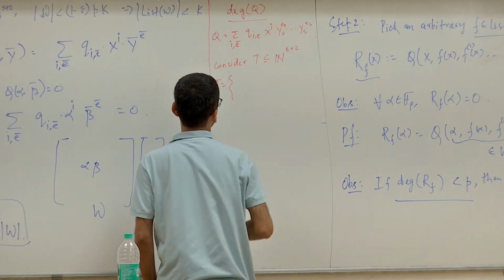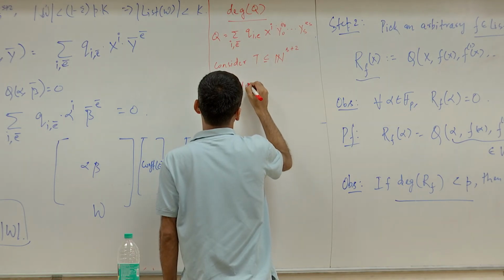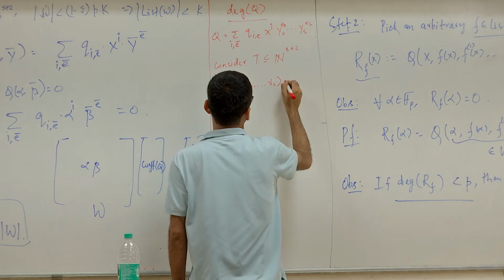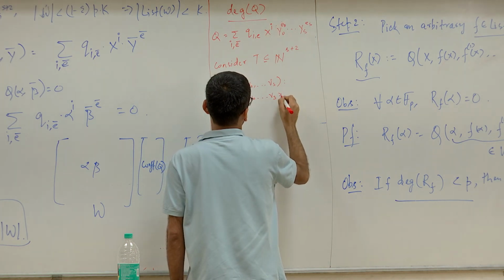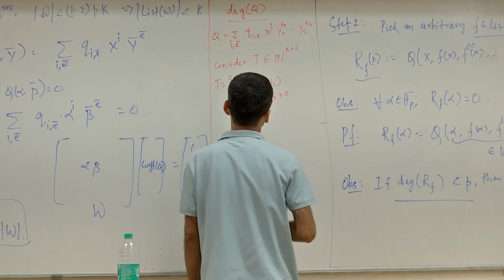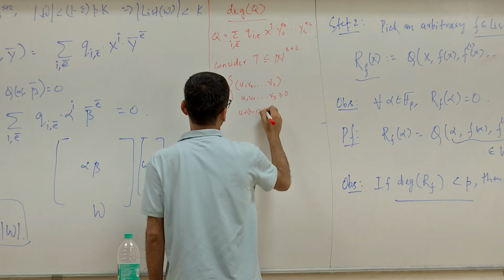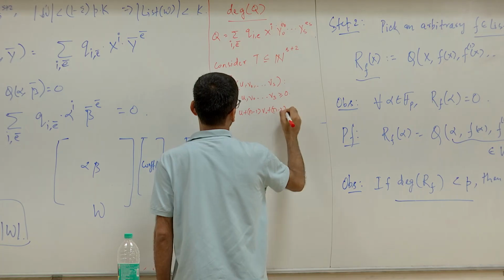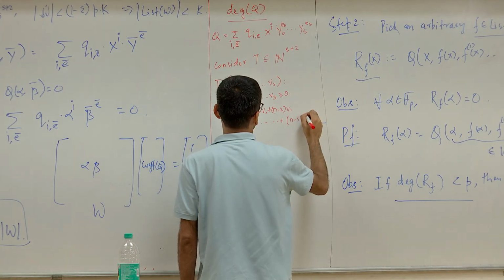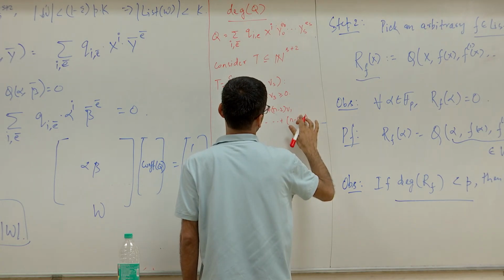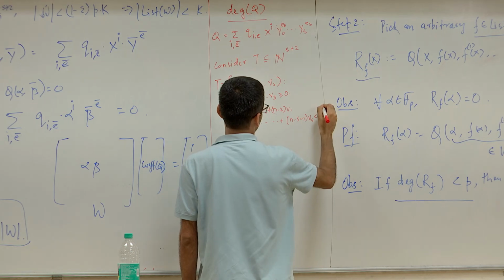So T is the set of u, v0 up to vs such that u, v0 up to vs are all non-negative, and u plus (n minus 1) times v0 plus (n minus 2) times v1 and so on, plus (n minus s minus 1) times vs is less than 2.